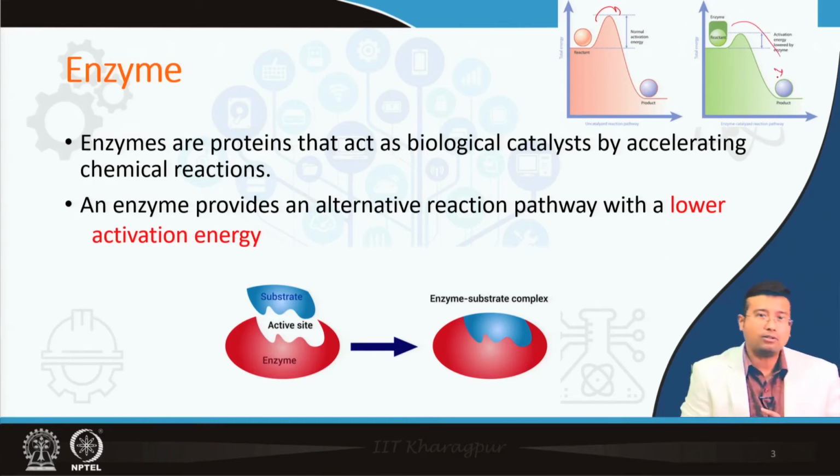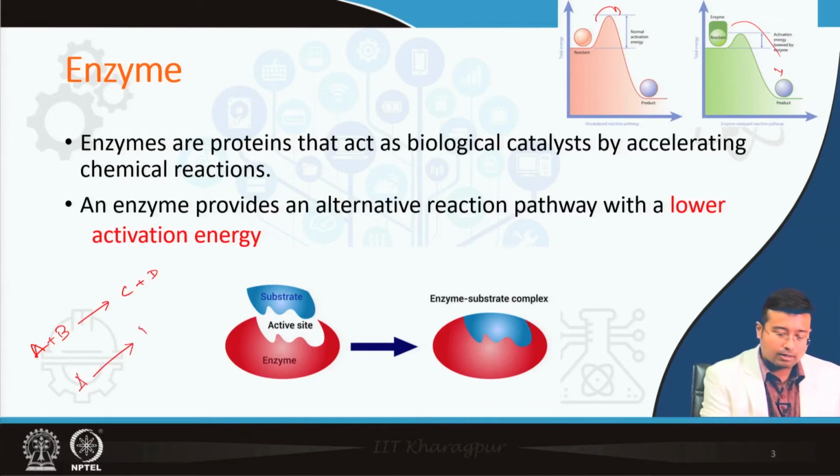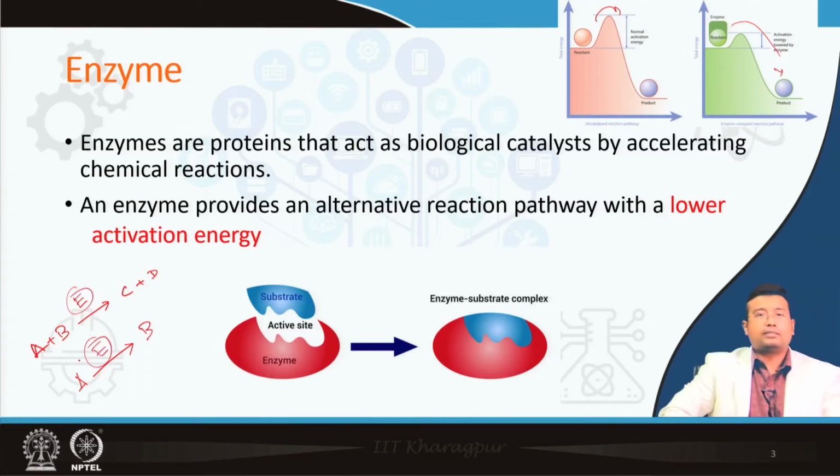Looking at the structure of an enzyme, this is the reaction A plus B forms C and D, or simply we can read it as A getting converted to B, whatever the situation is. So, here is an enzyme. For the enzyme, the reactant is known as a substrate.